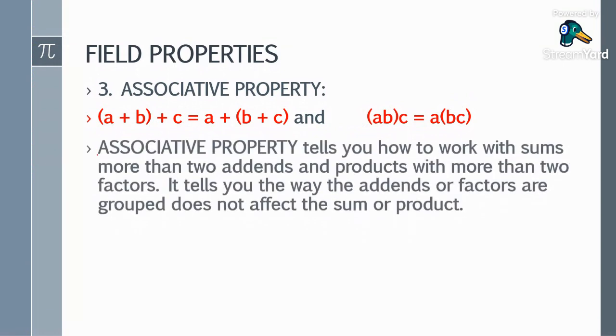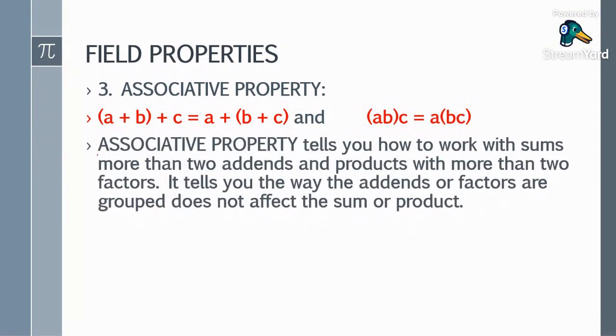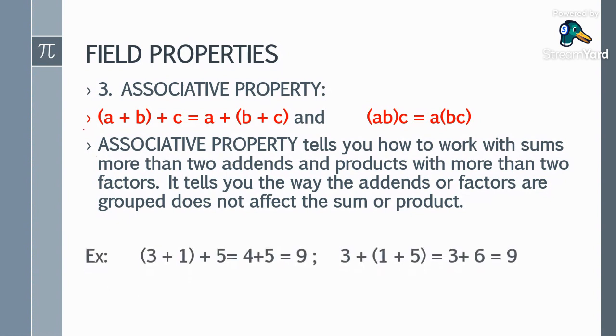So what is associative property? It tells you how to work with sums with more than 2 addends and products with more than 2 factors. It tells you the way the addends or factors are grouped does not affect the sum or product. So for example, for addition, let's check this out.